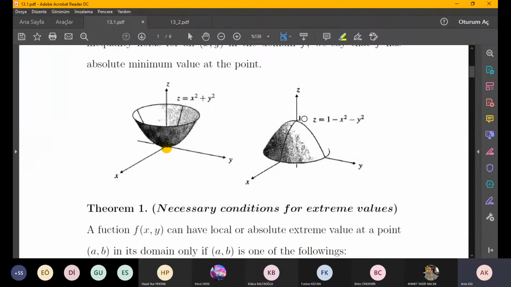At the origin, it gets its absolute maximum value, which is 1. So those are the functions that we have seen in the example.